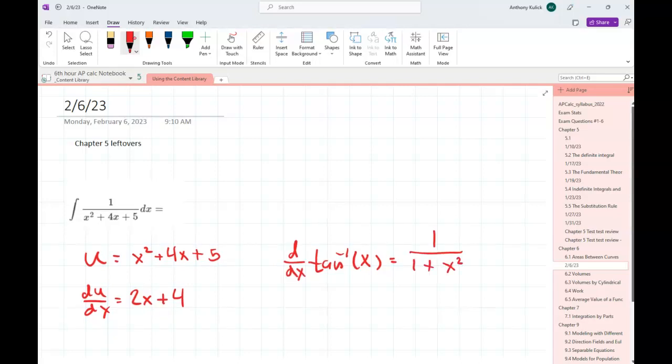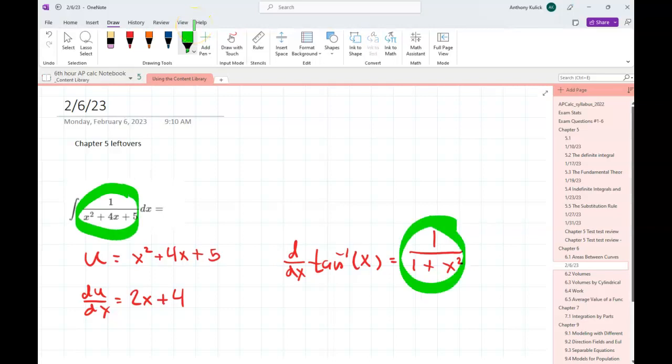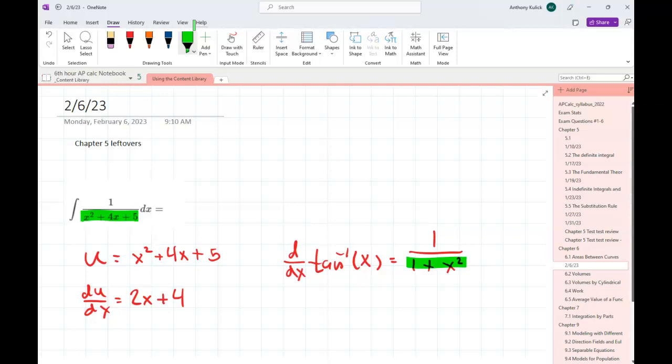The antiderivative we're going to need to use to do this integral is the one for tan inverse. So somehow I need to do some algebraic manipulation to get this to look like that.